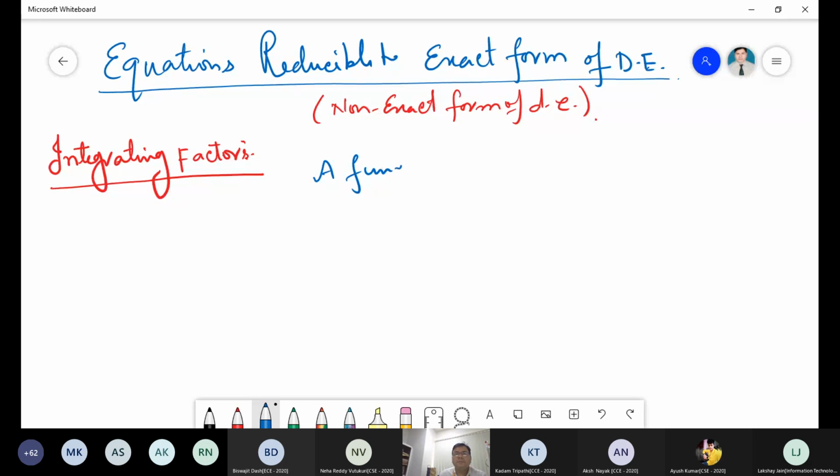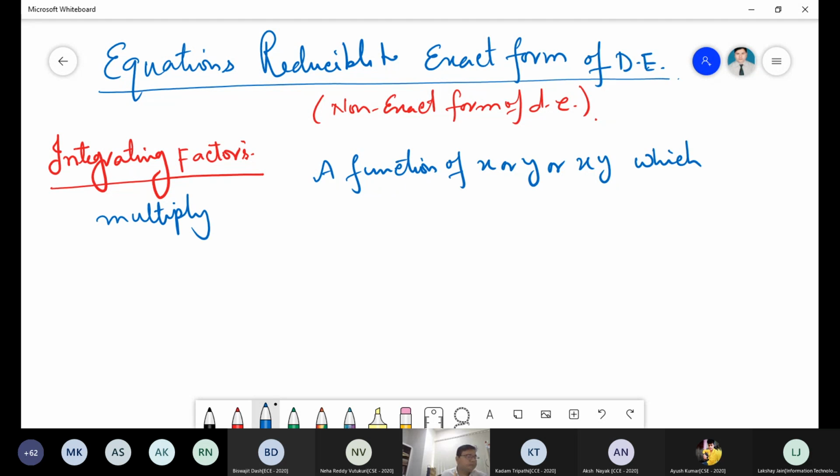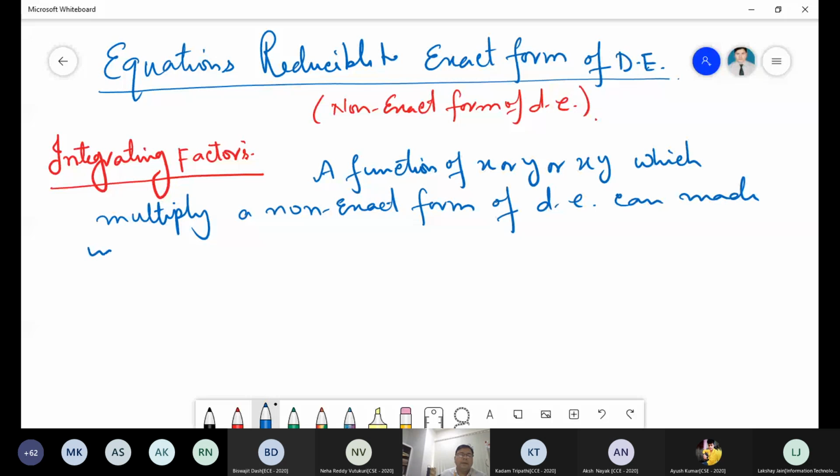A function of x or y or xy, which multiplies a non-exact form of differential equation, can make it an exact form.